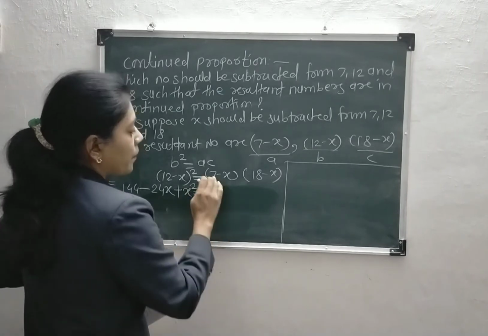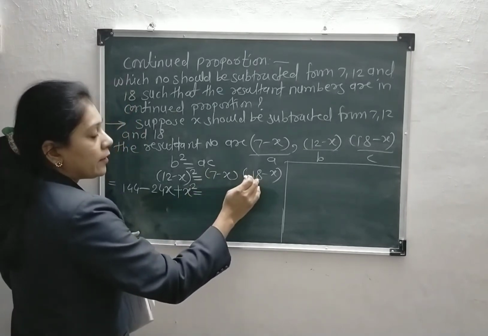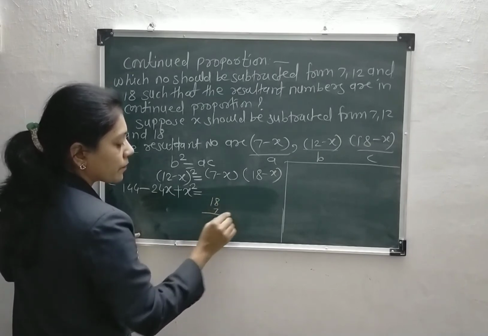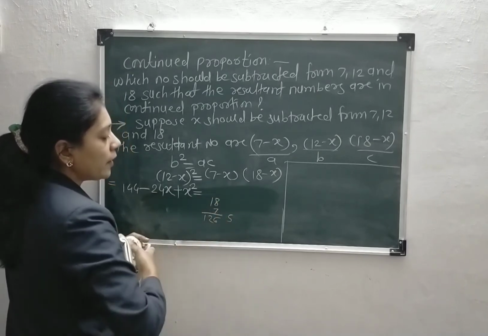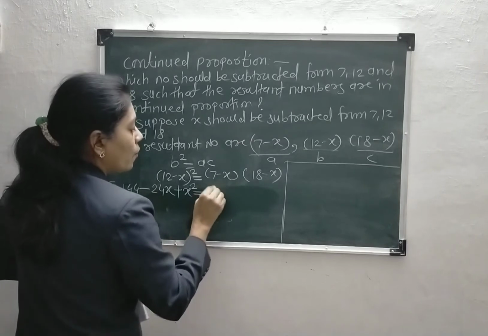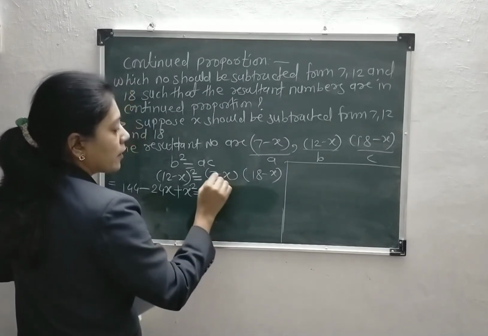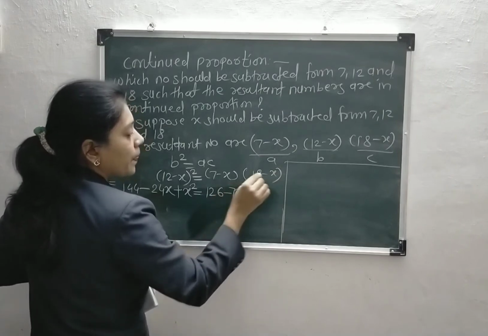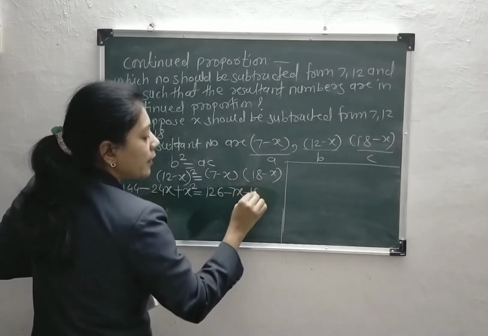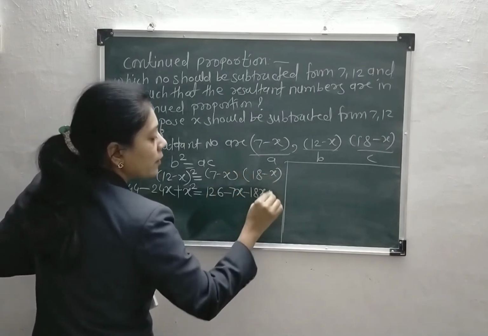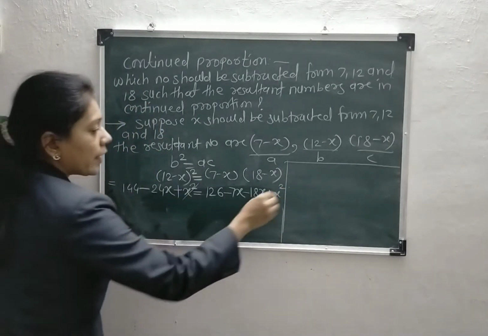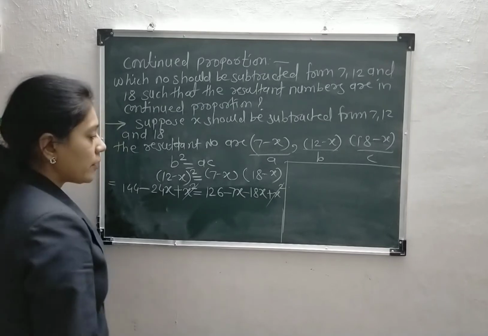Then here 7 into 18 is 126. Then 7 into x is minus 7x, 18 into x is minus 18x, plus x square. So this x square and that x square cancel.